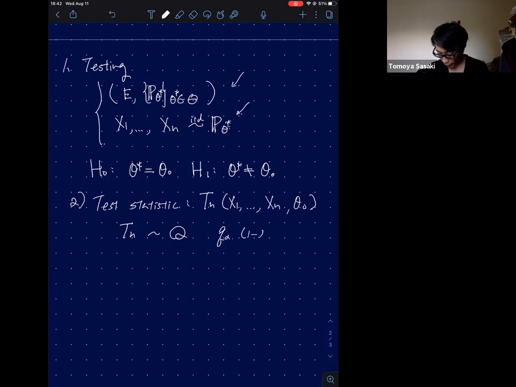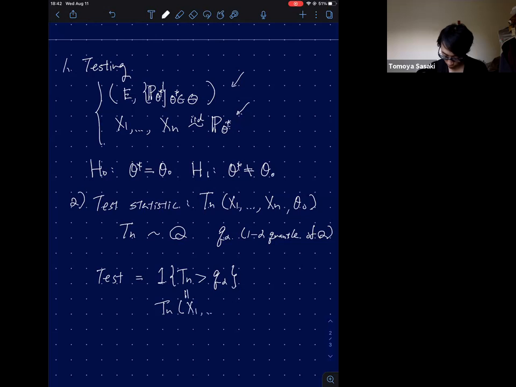So it's kind of 1 minus quantile. So this is what we know from this setup. And then the test itself is going to be very, very simple actually. You just say, and that's it.